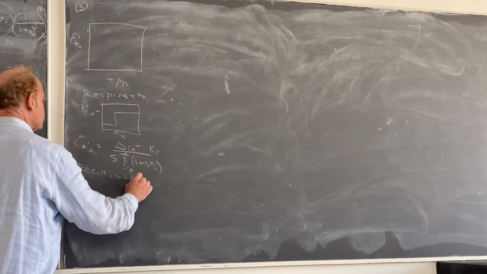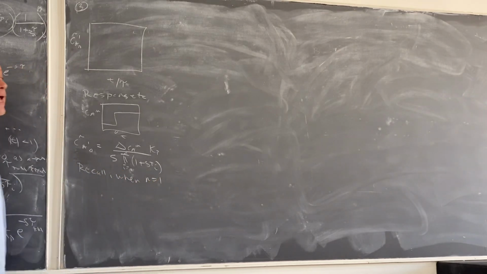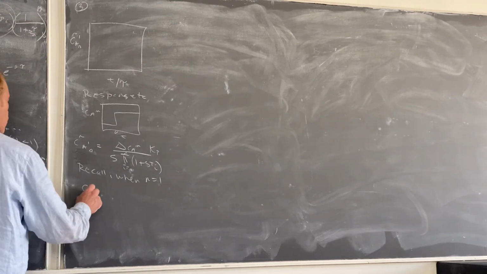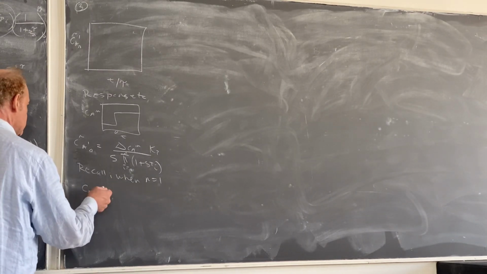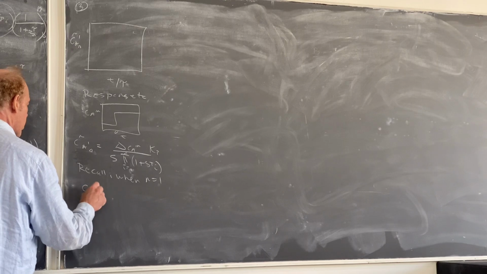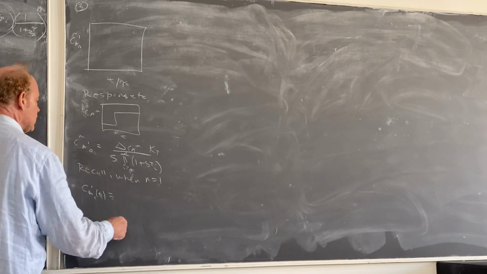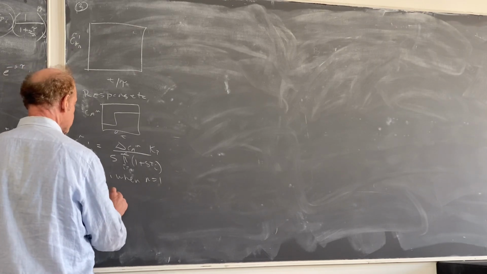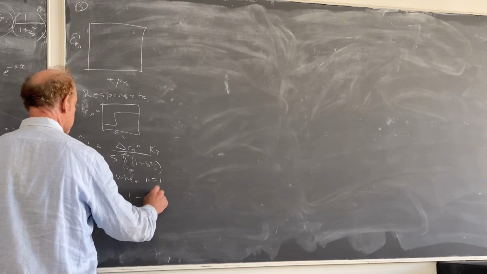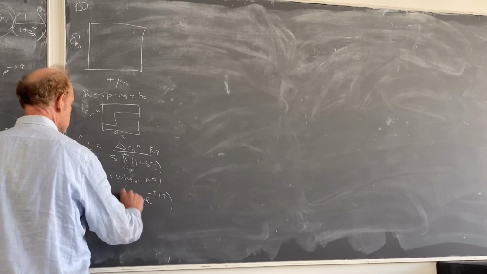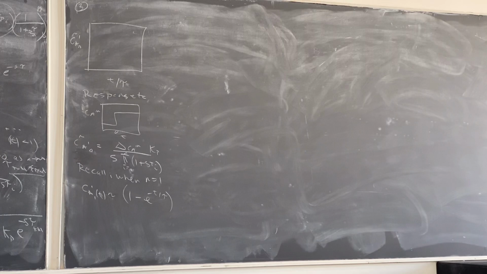And recall, when n is equal to 1, we know the result. We know that C_A1 prime of t went like 1 minus e to the minus t over tau. And then I think there was a coefficient, which I'm not going to worry about.